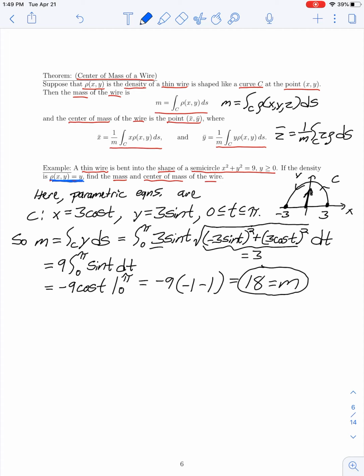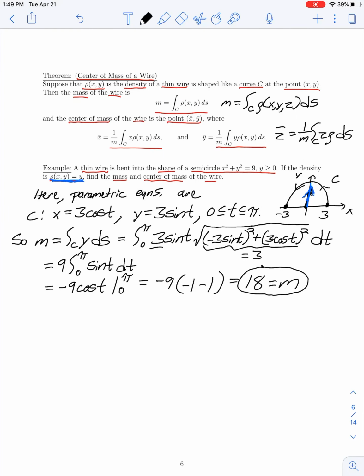It doesn't depend on x. It only depends on how far we've moved vertically. So since my density function is also symmetric about the y-axis, it follows that the x-coordinate for our center of mass must lie on that y-axis.